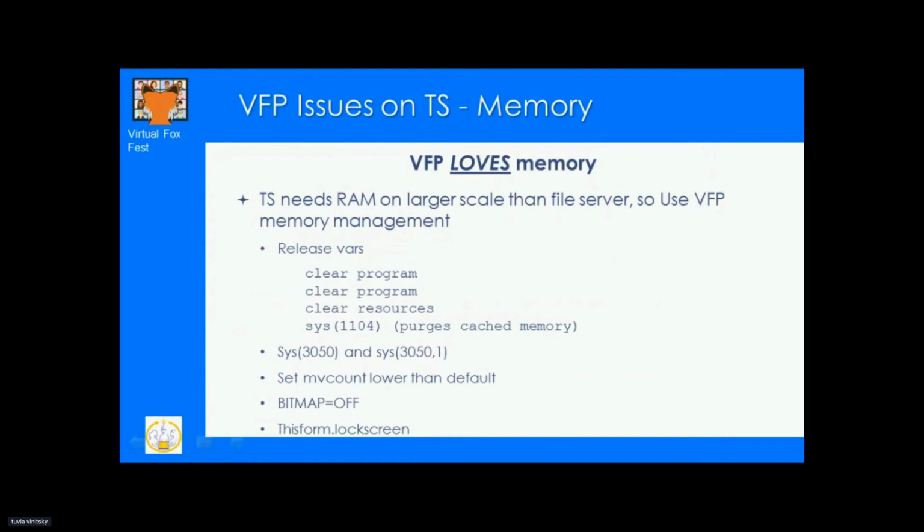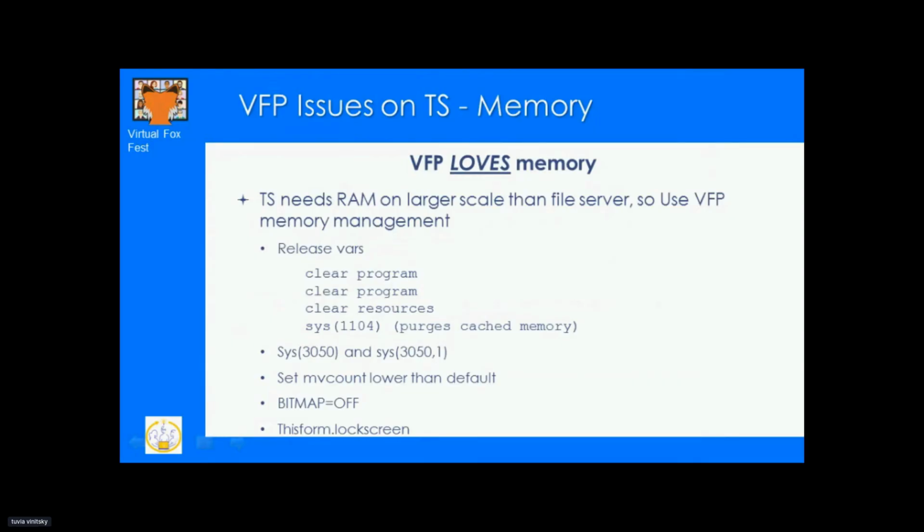So 100 users would probably be fine on a server with anywhere from 60 to 128 gigs of memory. The memory is what matters, because terminal server is creating virtual everything in that memory. So little things that we really don't do very much anymore in VFP for memory management, like we used to back in the days of FoxPro DOS, where we had 64K of RAM, are something you should start thinking about doing again.